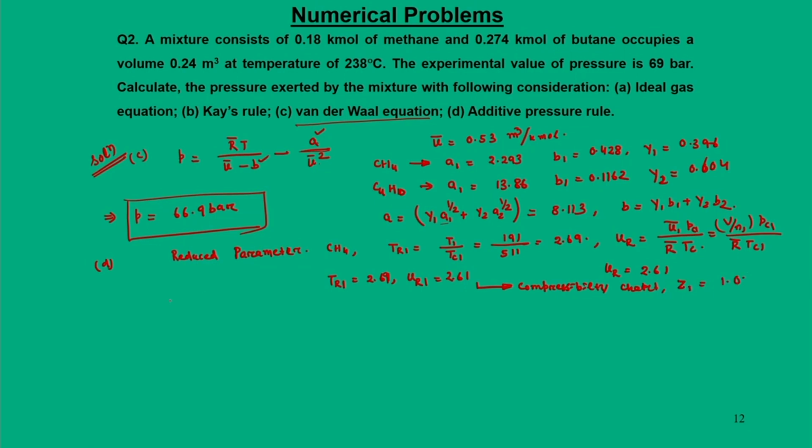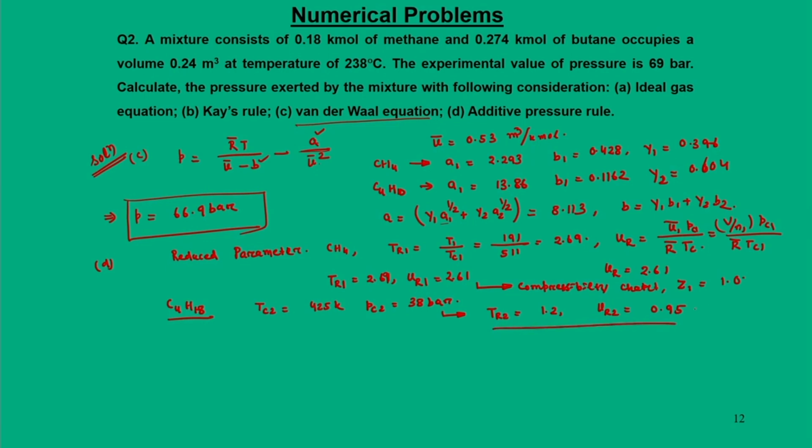Similarly, for butane, C4H10, we know TC2, that is 425 Kelvin. We know PC2, that is 38 bar. A similar procedure will be followed and this will give you TR2 equal to 1.2, VR2 would be 0.95.